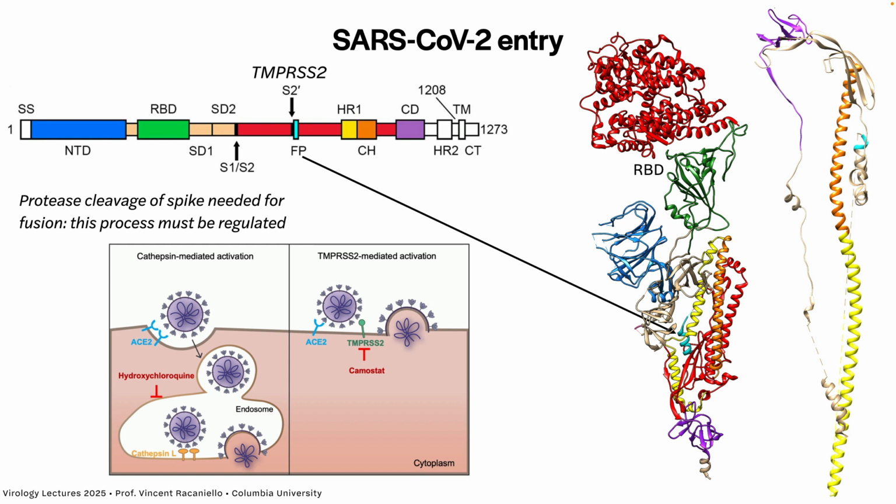Your lung cells, this is not how it gets into your lung cells. In your lung cells, it gets in at the cell surface because there's a protease called TMPRSS2 that cleaves the spike and allows fusion at the plasma membrane. So hydroxychloroquine has no chance to get near the virus particle. And that's why it would never have worked.